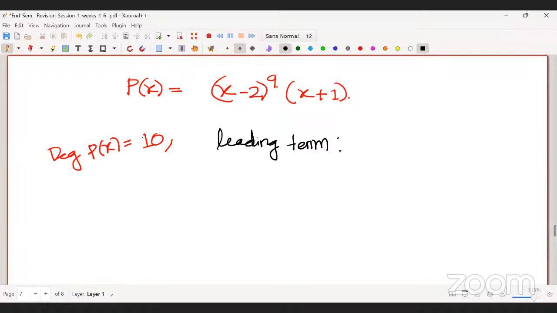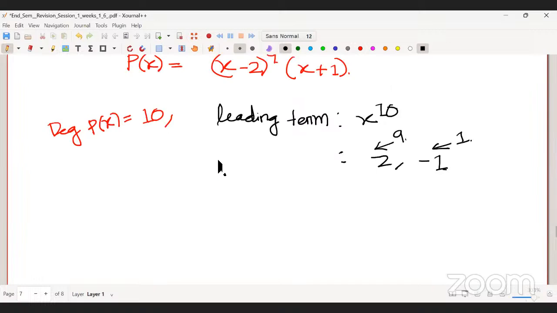I'm not asking the coefficient of the highest power. x power 10. Correct. And the roots are 2 and minus 1, with multiplicity 9 and 1. Now you draw the graph.